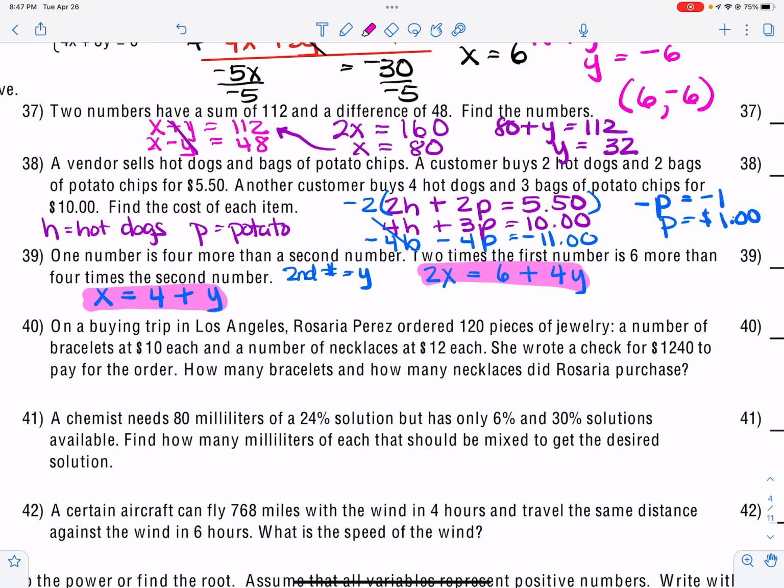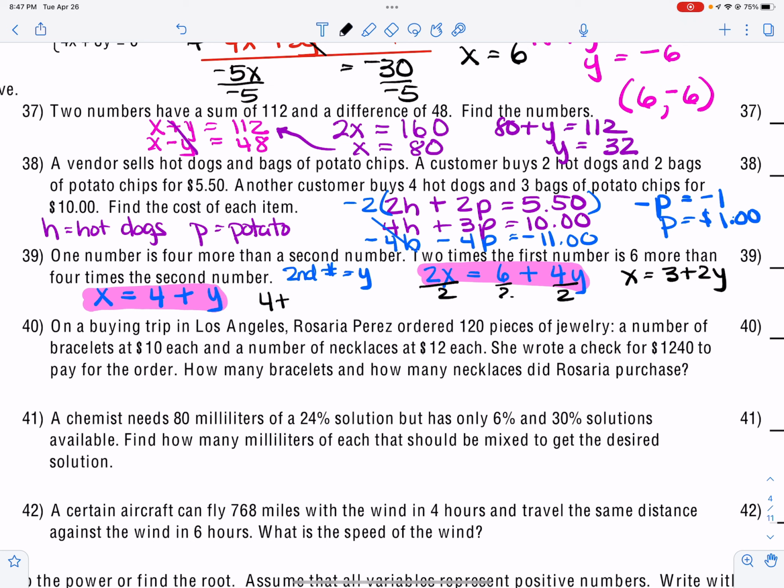And so I could do this by substitution, but what I see on this second problem is that I can divide everything by 2, and that might make it a little bit easier. So let's divide this by 2. And so now I get x is equal to 3 plus 2y. And so I can set those equal to each other.